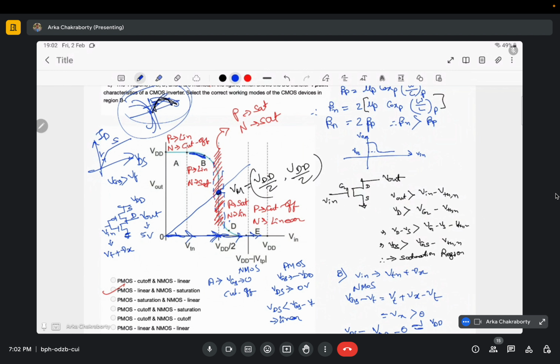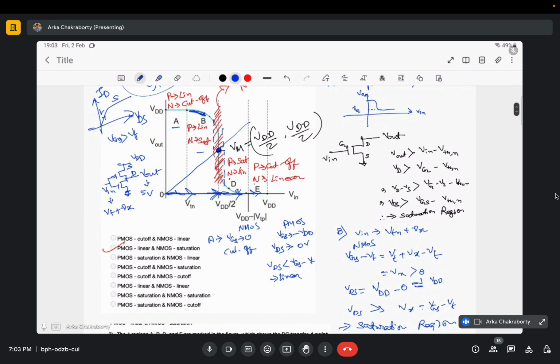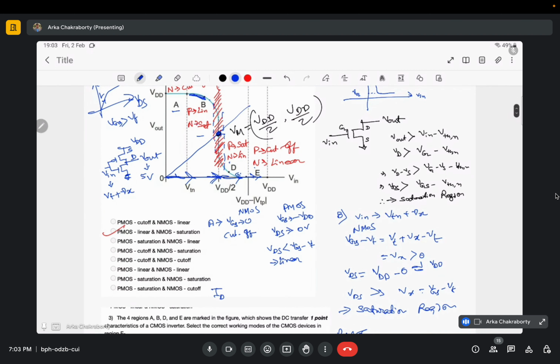But when I bias my inverter in any condition, be it region A, B, C, D, E, anything, let me talk about the current. My IDSP is always equal to my IDS of n. This is what I am trying to say.